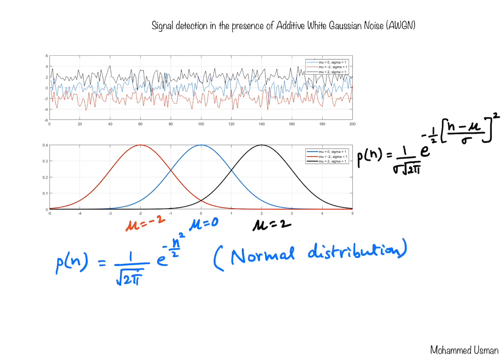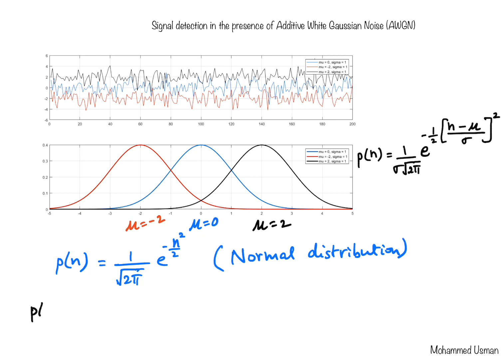So we call this the normal distribution. Next, let us write the PDF equation for the black waveform, which has a mean value of 2 and standard deviation equal to 1.